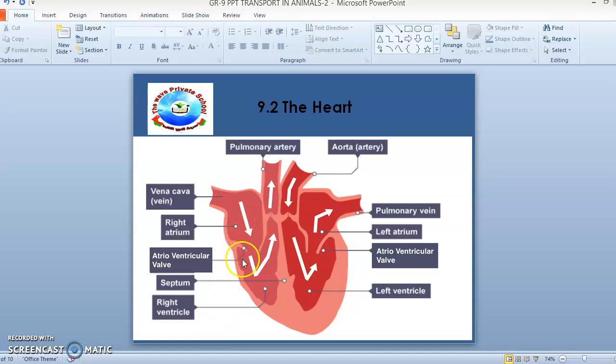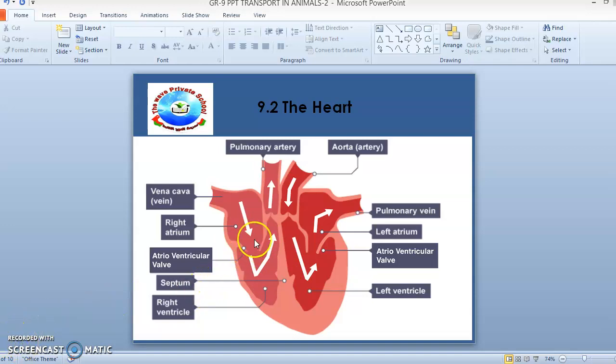The atria simply receive blood from either the lungs or the body and supply it to the ventricles. The ventricles pump blood out of the heart and all around the body. To help them do this, the ventricles have much thicker, more muscular walls than the atria.